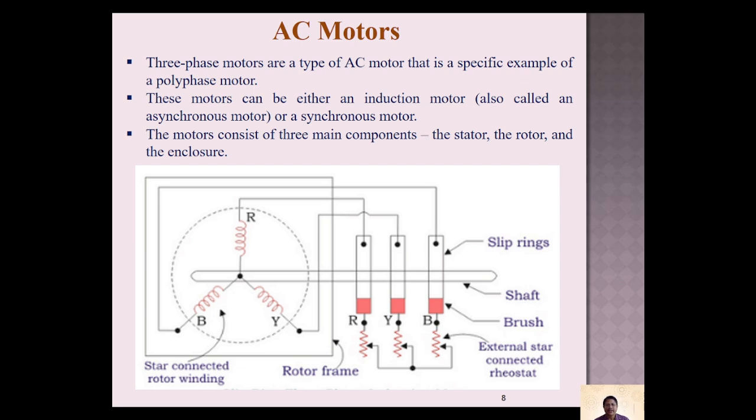Here we have the three phases RYB, that is red, yellow, blue, as the classification, and also a star connected rotor, then the rotor frame and slip rings. There is a shaft which connects the rings as well as the rotor winding. A brush is there, and the external stator is connected to rheostats.